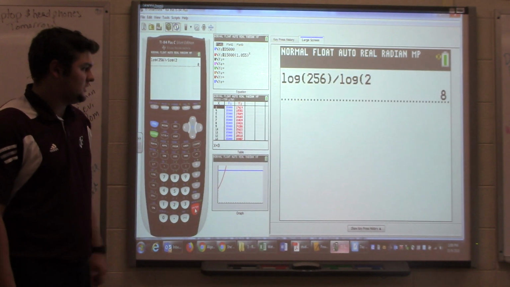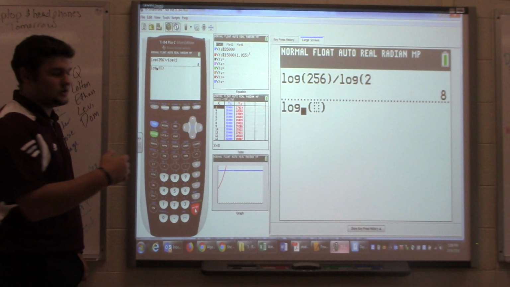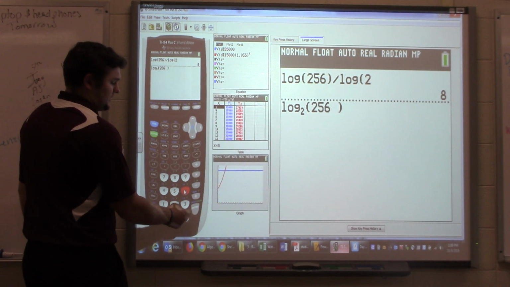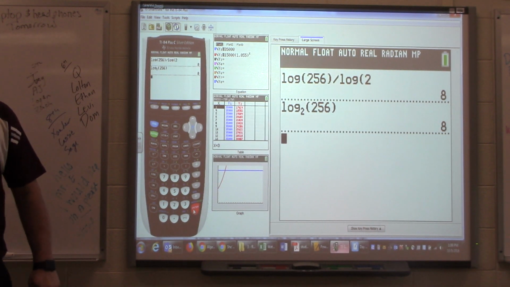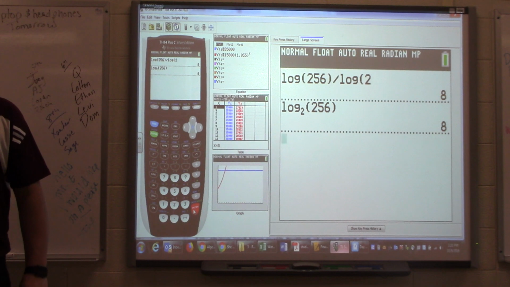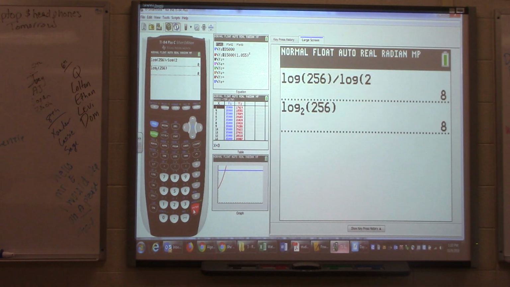Hit enter, and you should be able to put in what base you want. So if you want base 2 of 256, you can put it right in there, and it should give you the same answer. Use change of base, or use the base button. Either way, you should get the same answer. Alright?